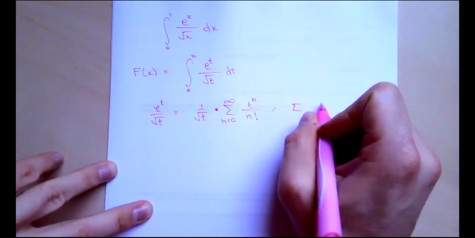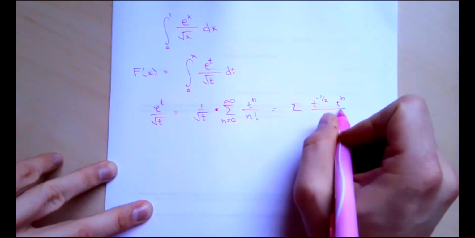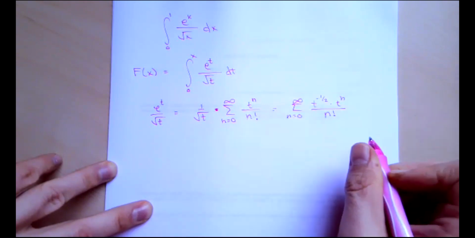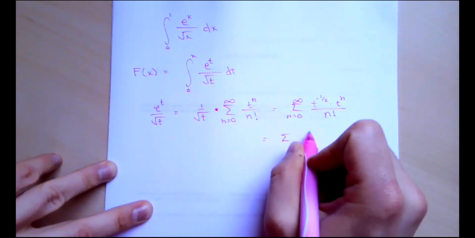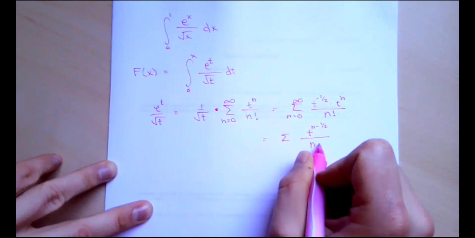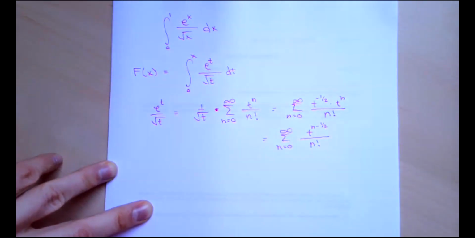So I'll have t to the minus 1/2 times t to the n over n factorial, which is just this guy.